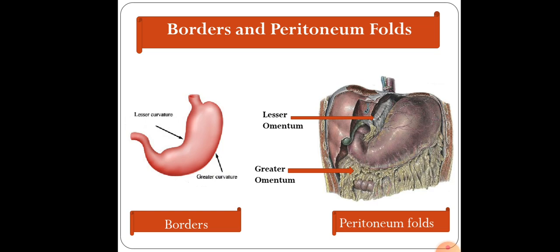The 2 anterior layers with the 2 posterior layers join each other below the level of the transverse colon. This greater omentum is attached to the anterior border of the pancreas.